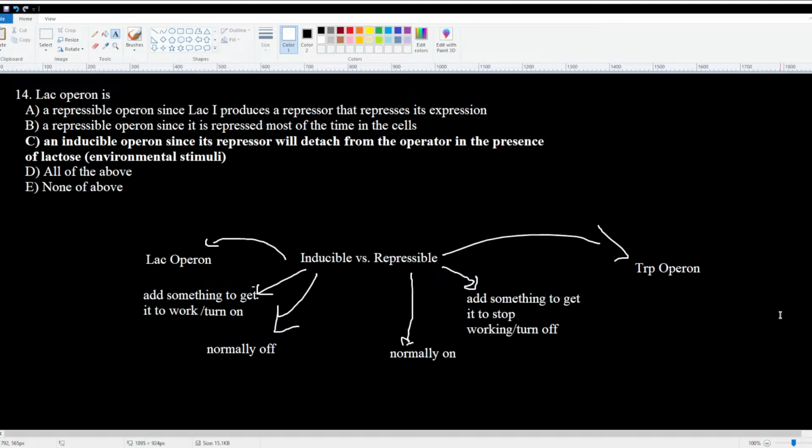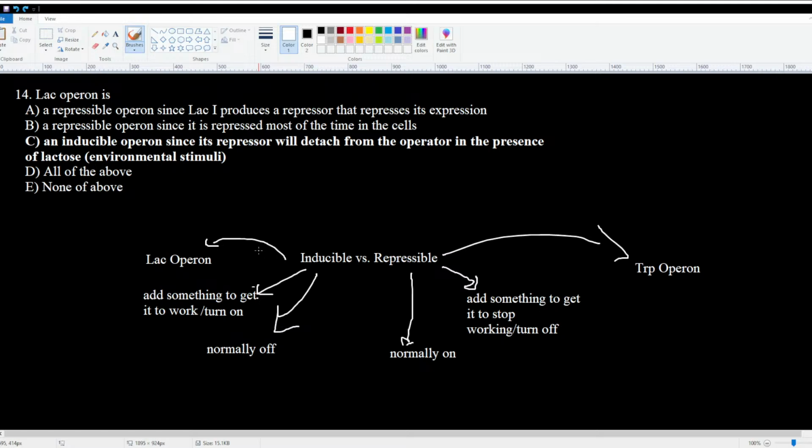so when we're saying an operon is inducible, like we said here, we have to add something to get it to turn on, and so that means it's normally off. In the case of the lac operon, lactose is not a readily available energy source.